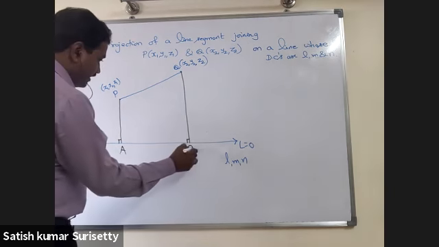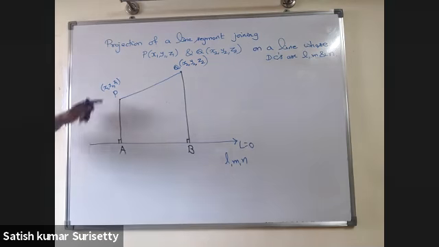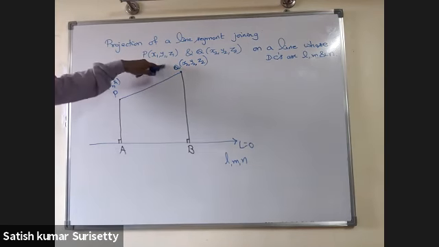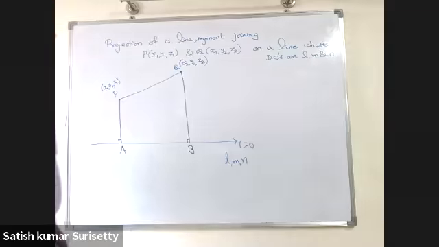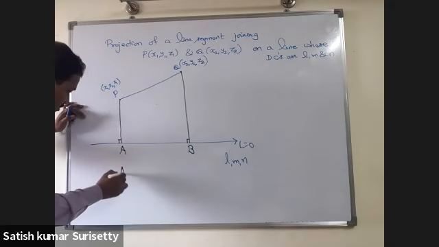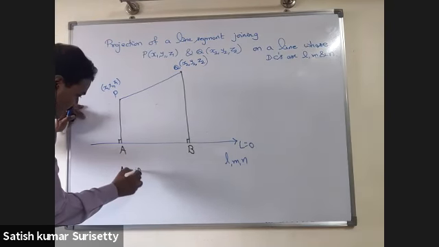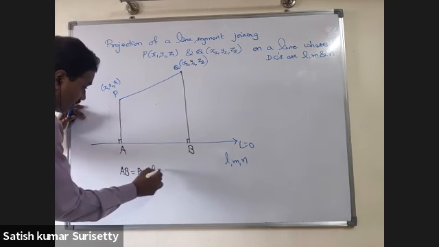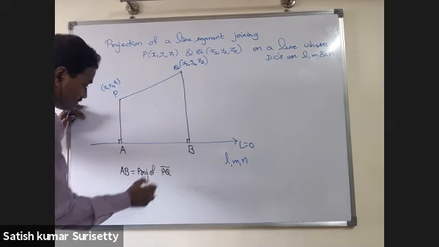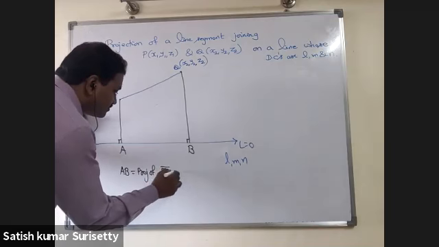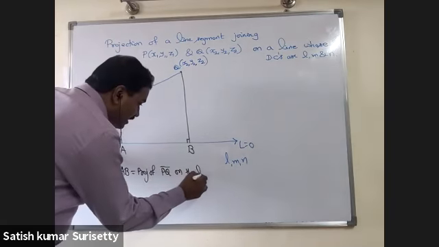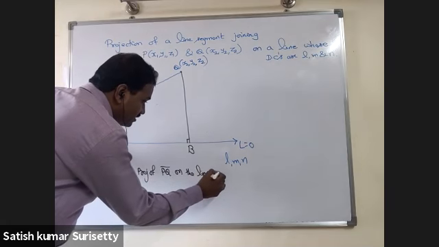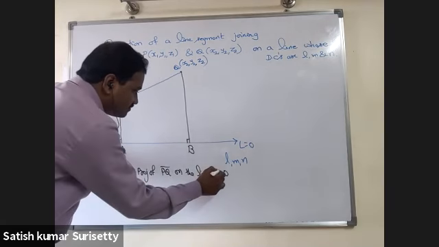Let us say A and B are the feet of the perpendiculars drawn from P and Q on the line whose direction cosines are L, M, N. So AB is the projection of PQ bar on the line.